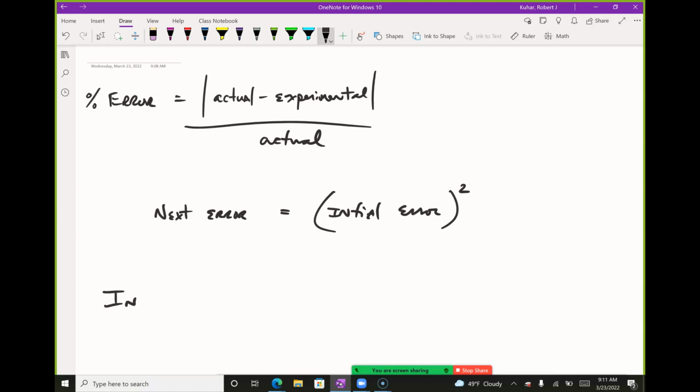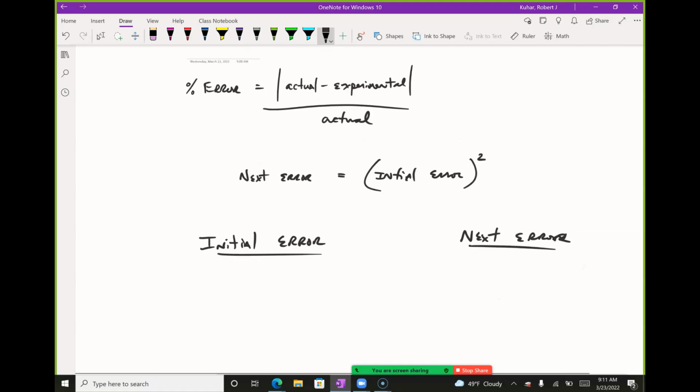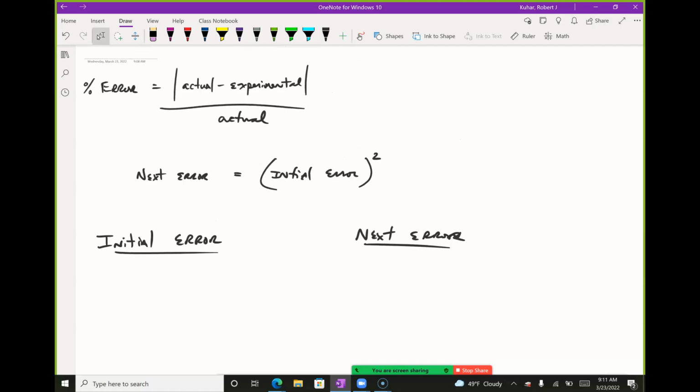We need 2 formulas here. We need the initial error and the next error. We need 2 formulas in part E. So the initial error, remember we're trying to find the reciprocal of pi, but I think we're using 1 over b.